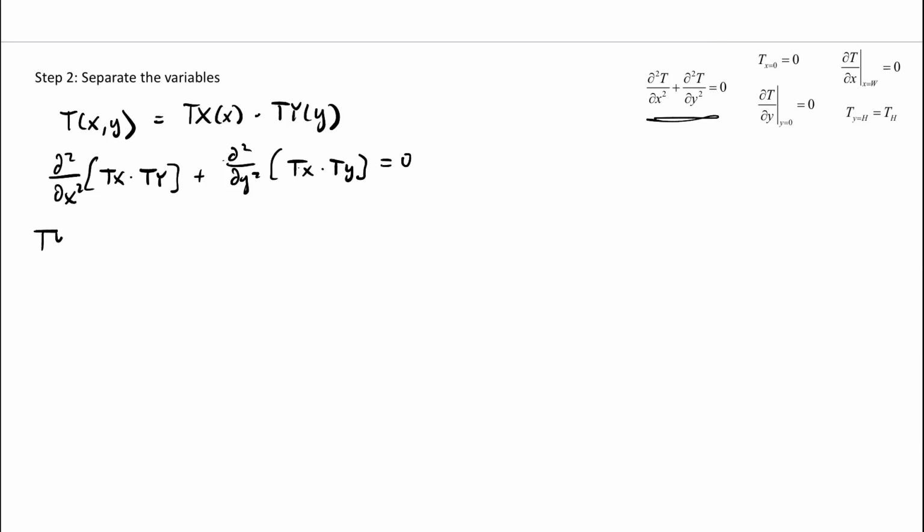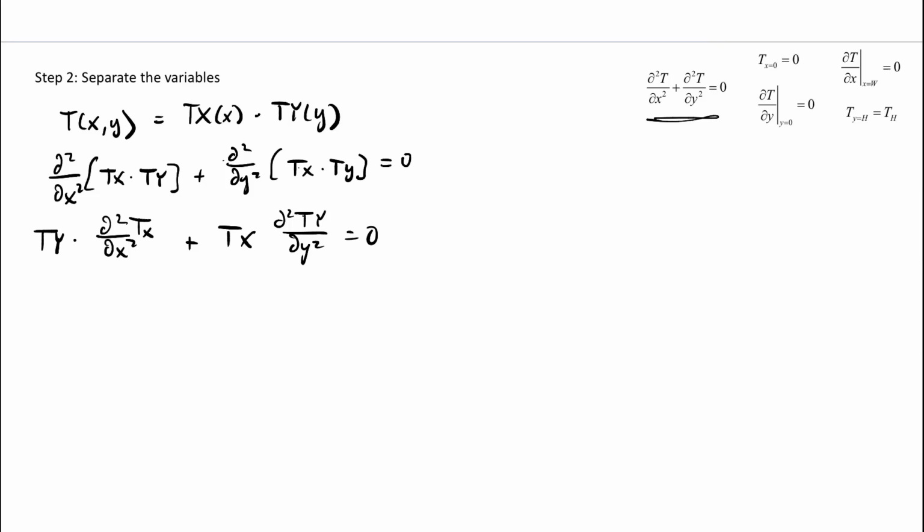So this becomes Ty times the partial of Tx, plus Tx times the partial of Ty, equals 0. Does that make sense? You can pull that function out because it's not affected by that partial derivative.